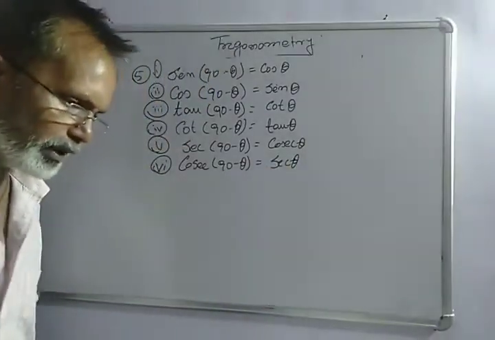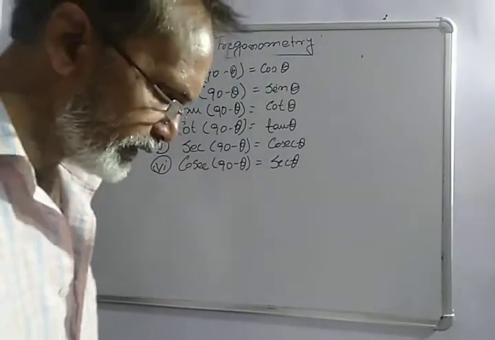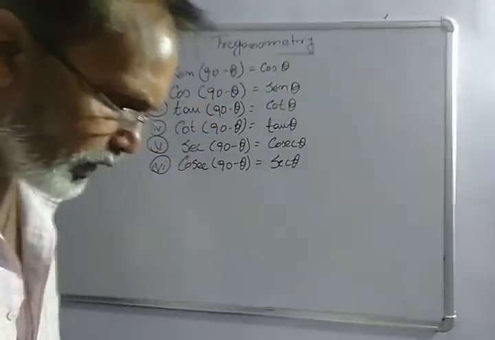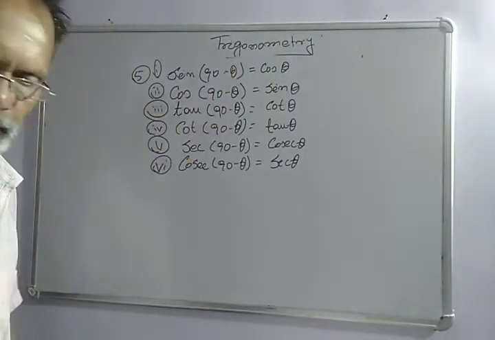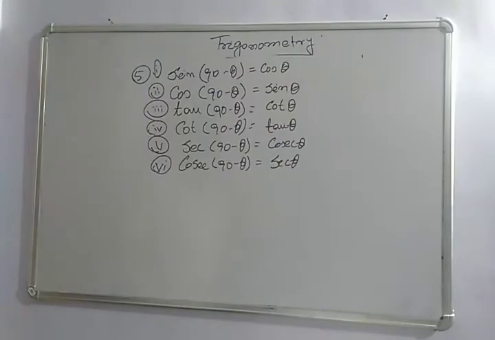So these are the formulas for trigonometric ratios, and then we will go for some formulas for identities.